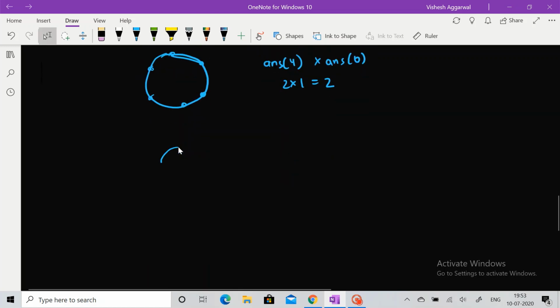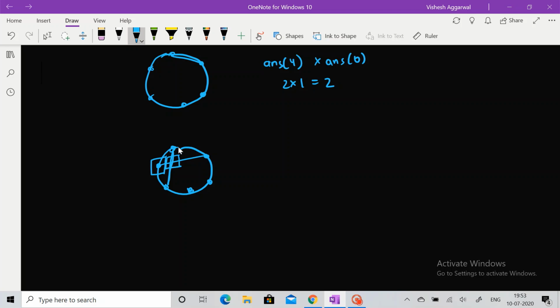Now what if we join these points? In this case we can see that there is only one point on the left side, and to join this point with any other point, suppose this, we will intersect with our initial choice.